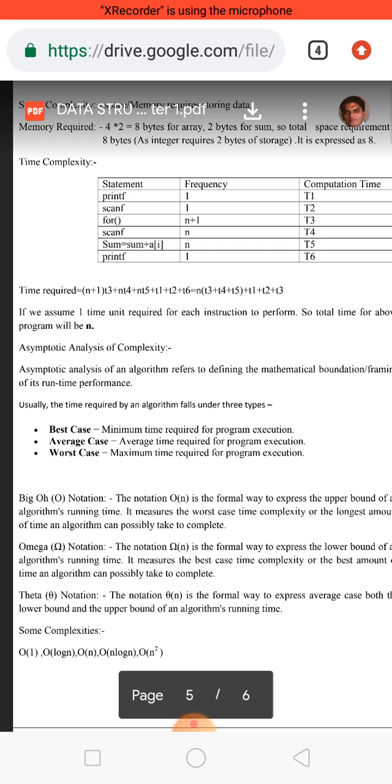Then next is omega notation. It expresses time or space complexity in terms of a lower limit, means how much is the least amount of time required to complete the algorithm. Big O specifies the utmost amount of time required, and omega expresses the least amount of time possible to perform any algorithm.